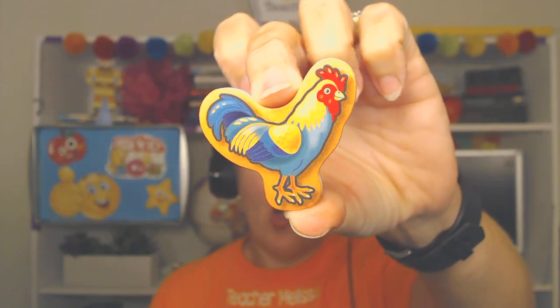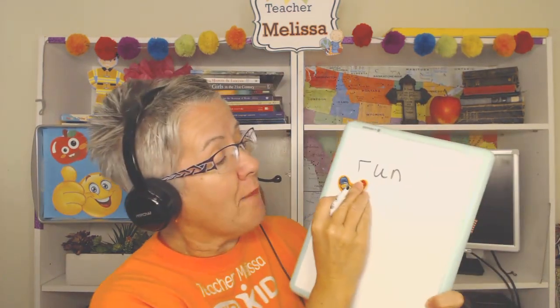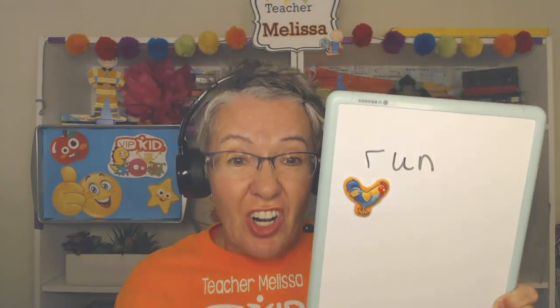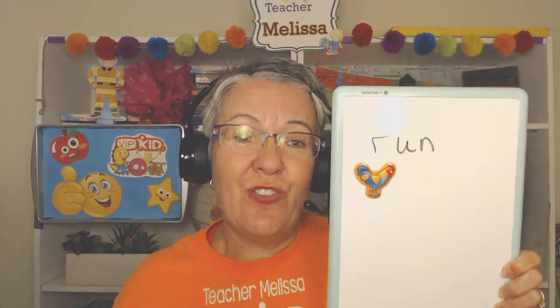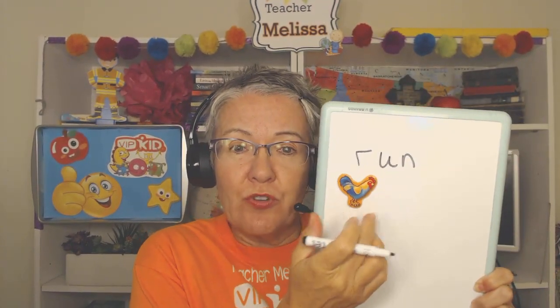And I will say, "Wake up, R," and I'll do it in the word like this. So if the word is run, I will say, "Wake up, R, run, run." And I'll put the rooster right there and have your student make the rooster sound.